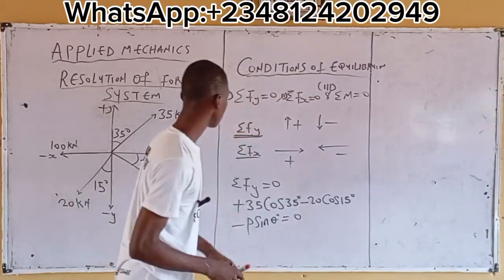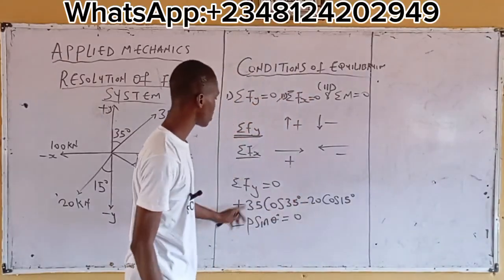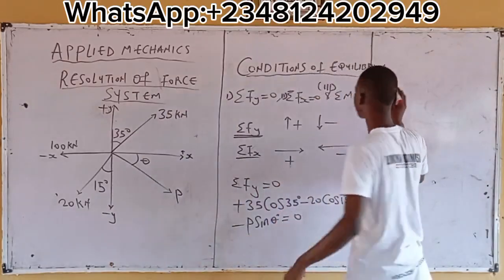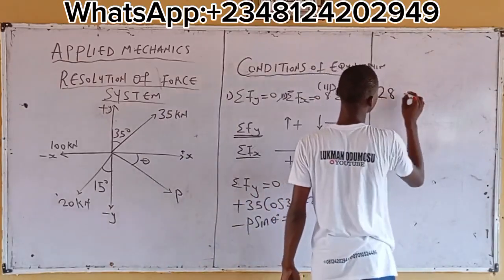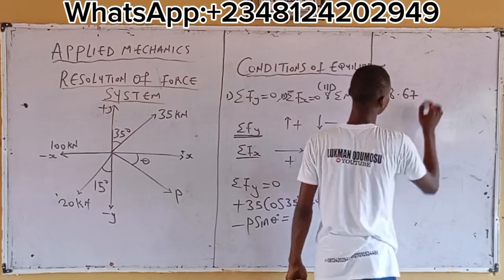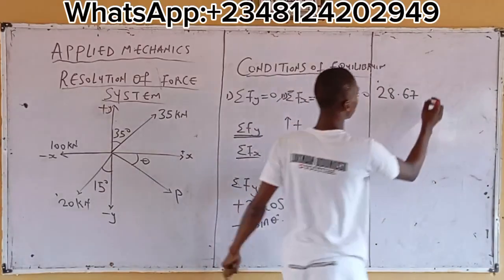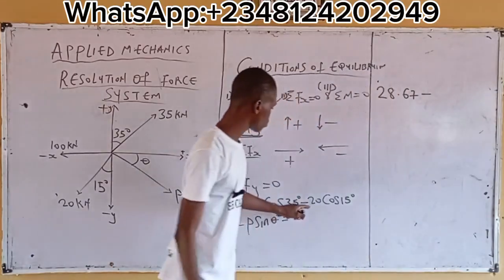Now, what's the value of 35 cos 35? You have 28.67, minus 20 cos 15.